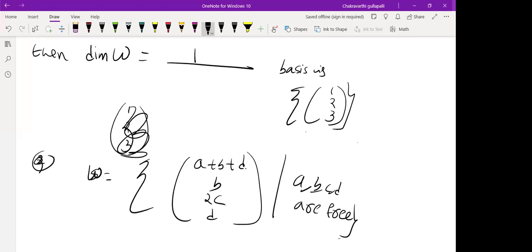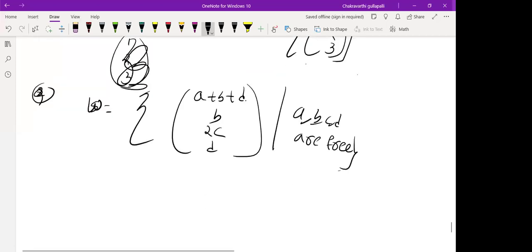Free or scalar? So the dimension is 4. C is not there in all components, A is not there in all components. Overall, how many free variables? It is not required that every free variable should be present in every component. Overall, are they present or not? That is important. So the dimension of W is 4.